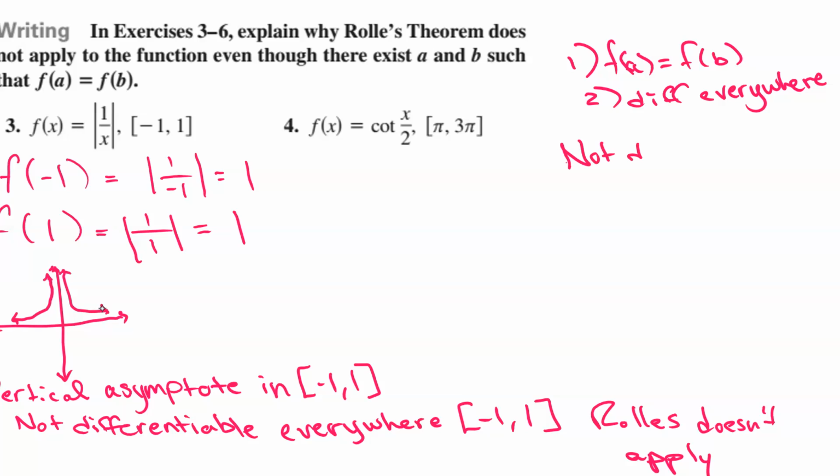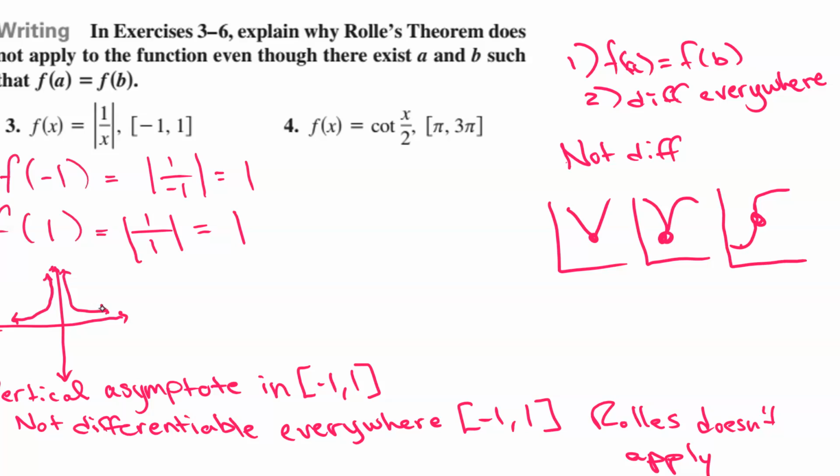We're not differentiable if we have a cusp, a corner, a vertical tangent line, or of course a removable discontinuity because we're undefined at that point, or a vertical asymptote. All right, so these are all cases where we're not differentiable.